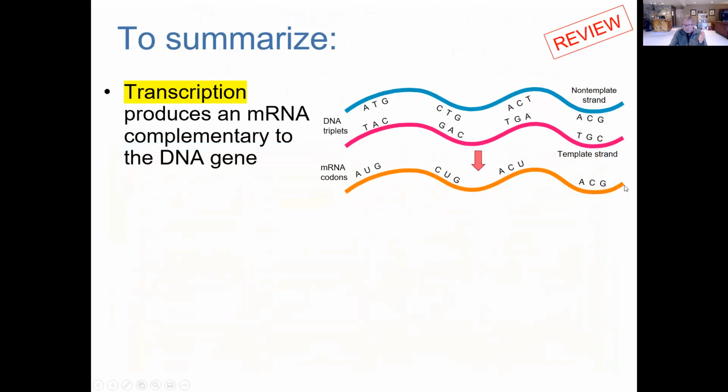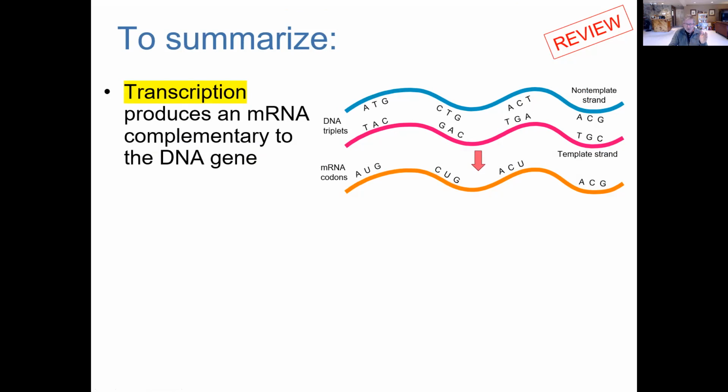So the orange strand here shown as messenger RNA, the sequences of these bases came from, or complemented, I should say, the bases of the template strand of the DNA. This occurs in the nucleus of a eukaryotic cell or the cytoplasm of a prokaryotic cell.